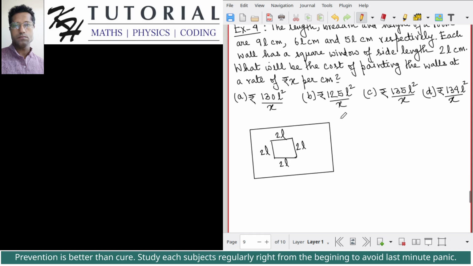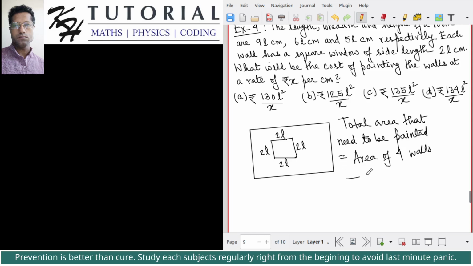So the total area that needs to be painted is equal to the area of the four walls minus the area of all the windows, because the windows will not be painted, only the walls will be painted.